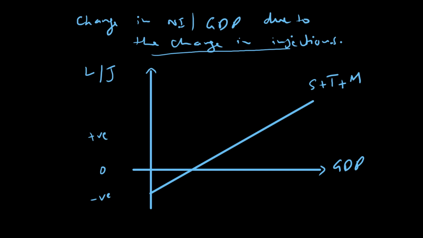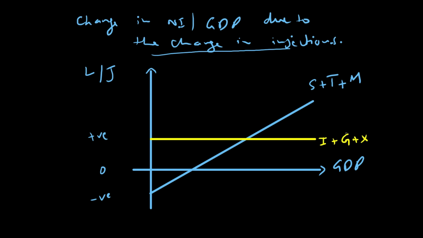Now the next thing we need to add is injections. The injection line is a horizontal straight line because injections are autonomous, meaning constant. They don't change with the change in GDP of the country. They include investment plus government expenditure plus exports. If it is a two sector economy, we will write only investment.